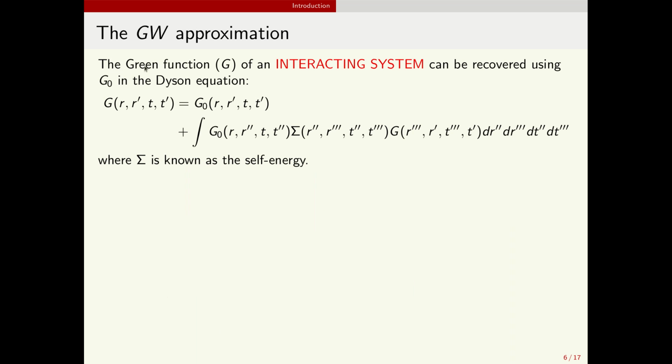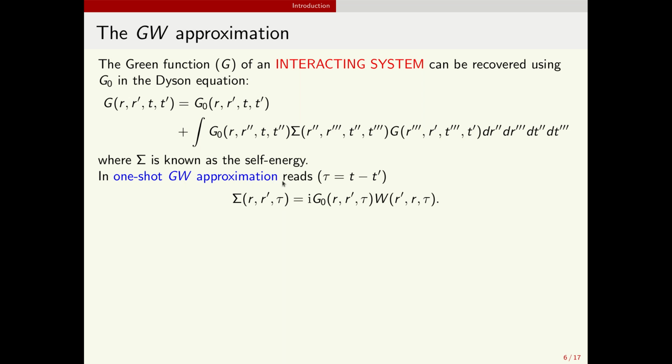So, the Green's function of an interacting system can be recovered using the non-interacting Green's function G0 and the Dyson equation, which takes this form, where this sigma is known as the self-energy.